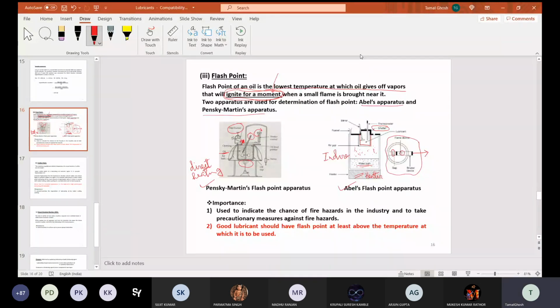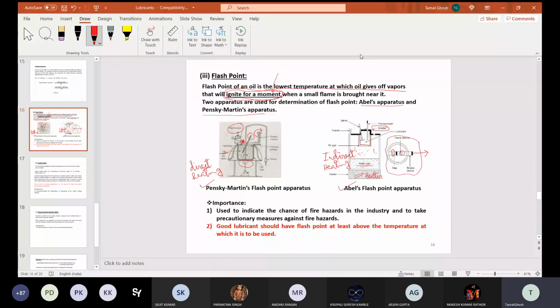Indirect heating in the sense that first the water is heated by the heater and water vapor is generated. That vapor goes upward and heats the oil cup. Then from the oil cup, whatever oil is present generates vapor. So indirect heating takes place in the case of Abel's.